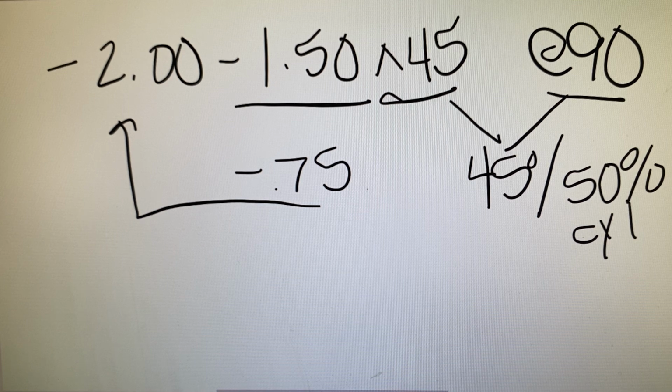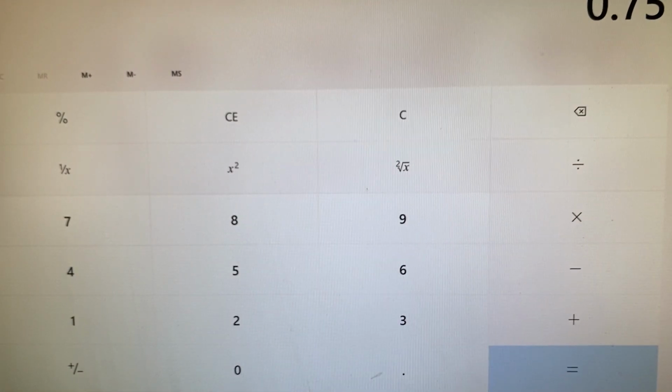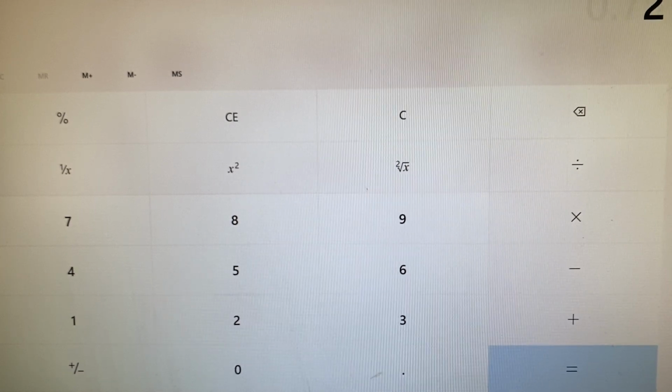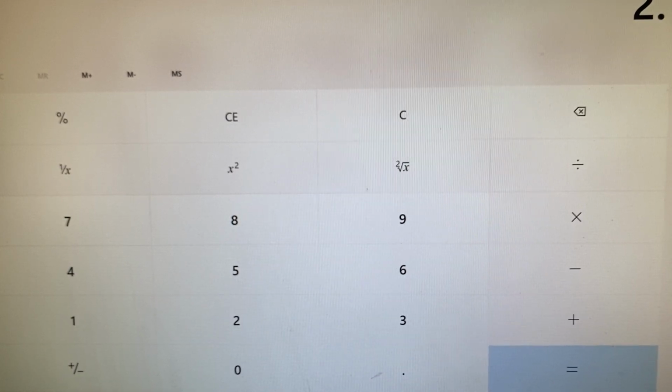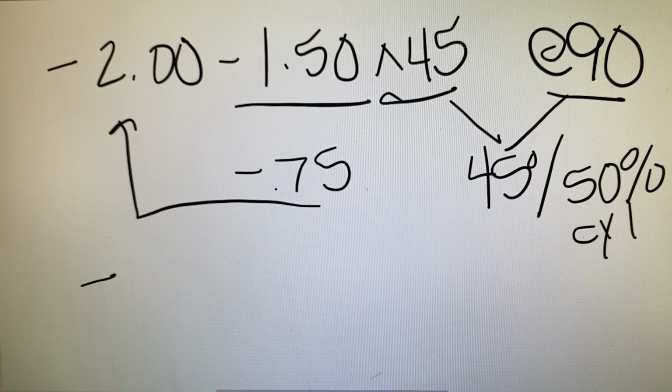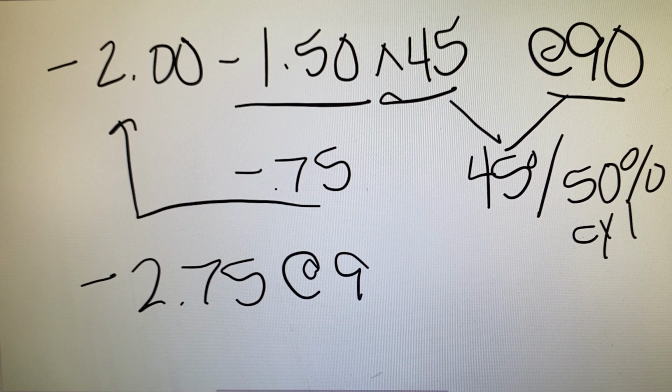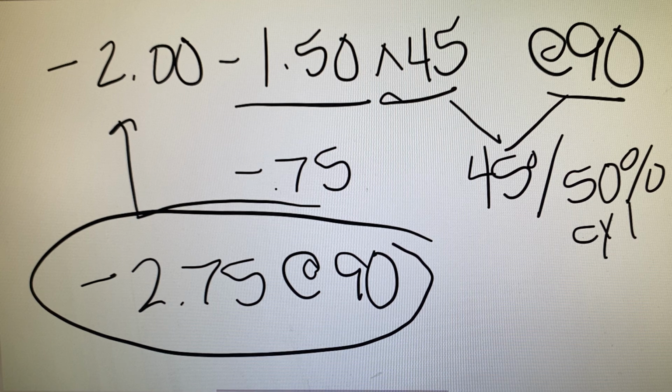We've got 2 minuses. We're just going to add those guys together. So we're going to do our 75 plus our 2. That equals 275. So our answer: -2.75 at the axis of 90.